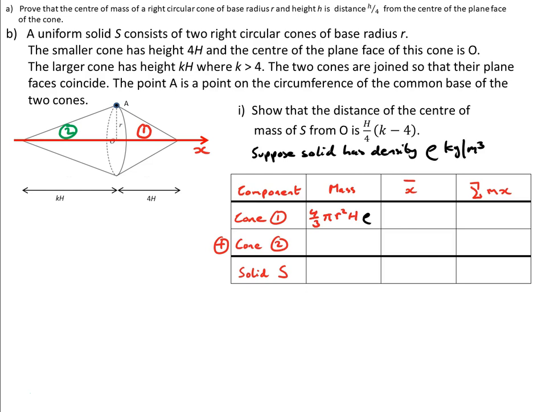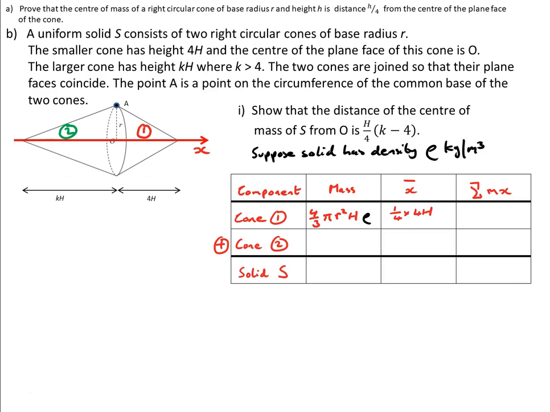The centre of mass for the first cone is going to be 1/4 of the height of the cone away from O, so the centre of mass is going to be 1/4 of 4h away from O in the positive direction.